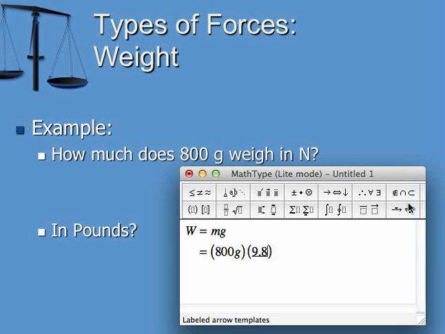Another convenient unit to work with is that meters per second squared is the same thing as newtons per kilogram.